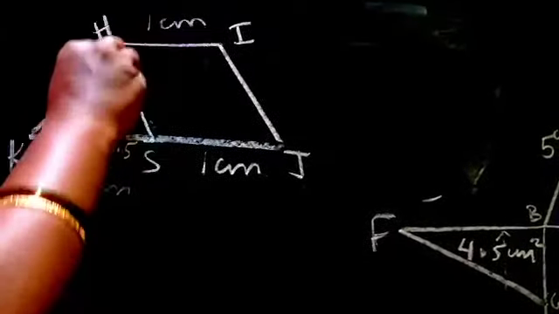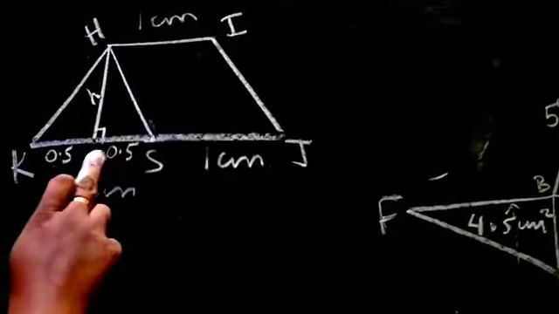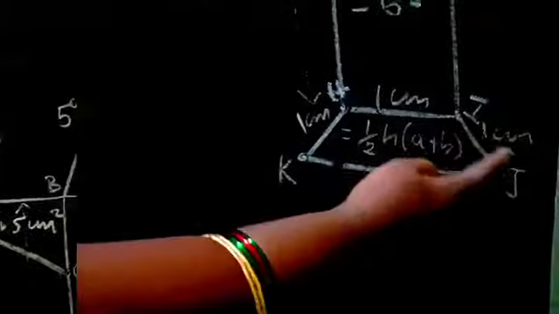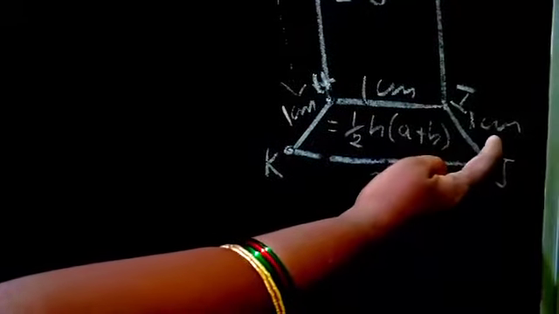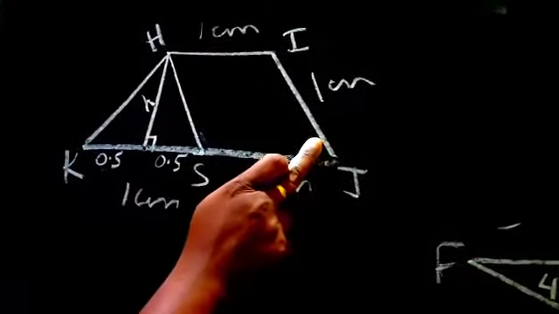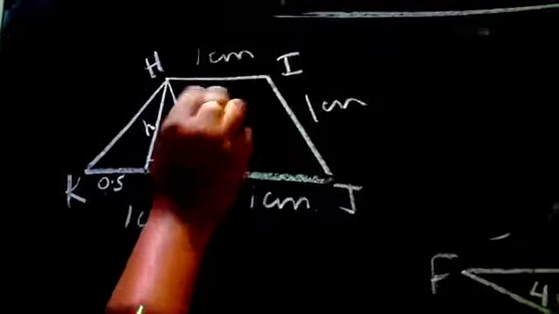If I mark this, this is called the H value because height, and this side will become 90 degree. I and J is 1 centimeter, they gave in the question. So it is here 1 centimeter. If it is 1 centimeter here in the parallelogram, the opposite side also I will get 1 centimeter only.